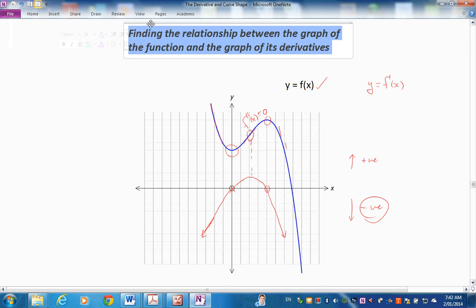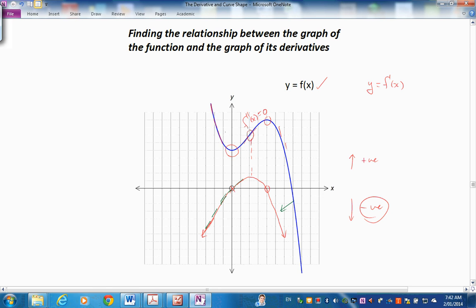Let's look at the graph of the second derivative. We want to do it again to this one. We're going to draw tangents to this one and do the same thing, drawing the graph of f double dash x. The tangents here are all positive until we get to that point.